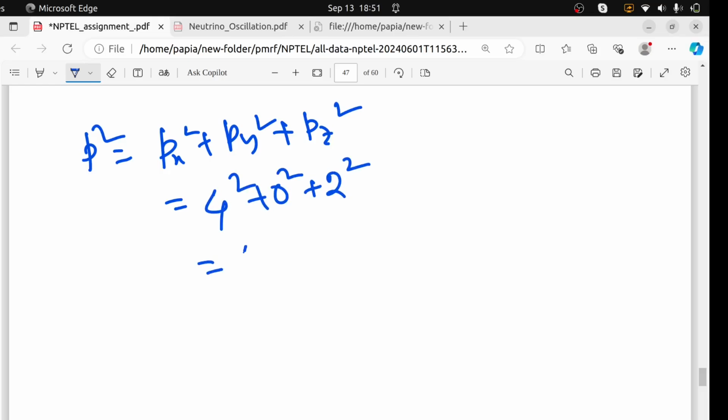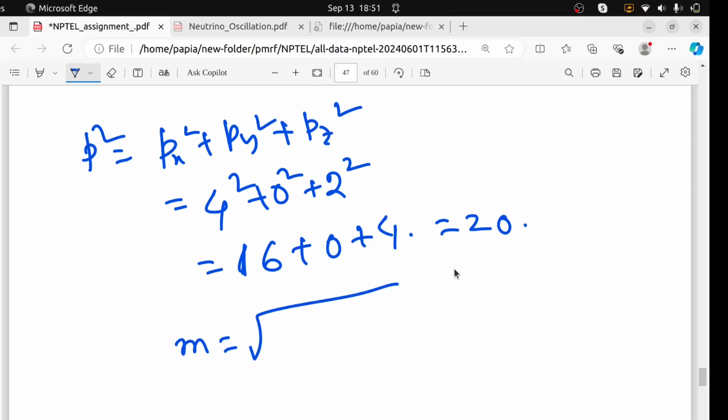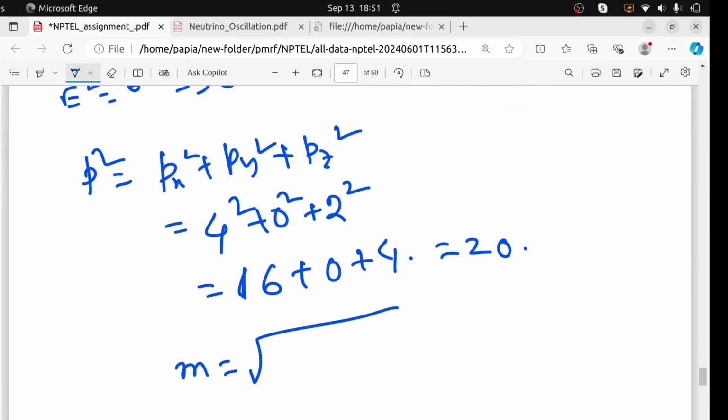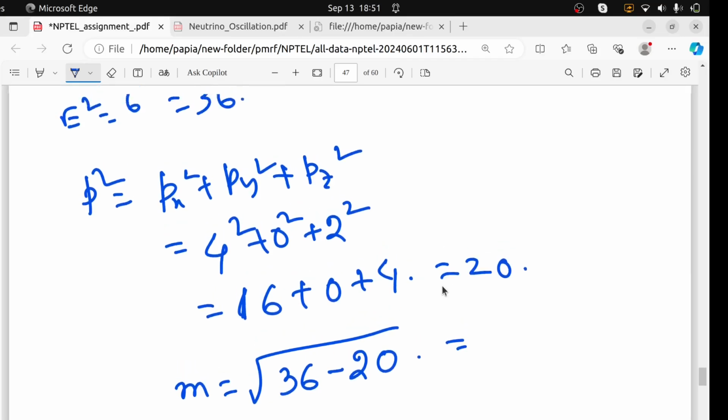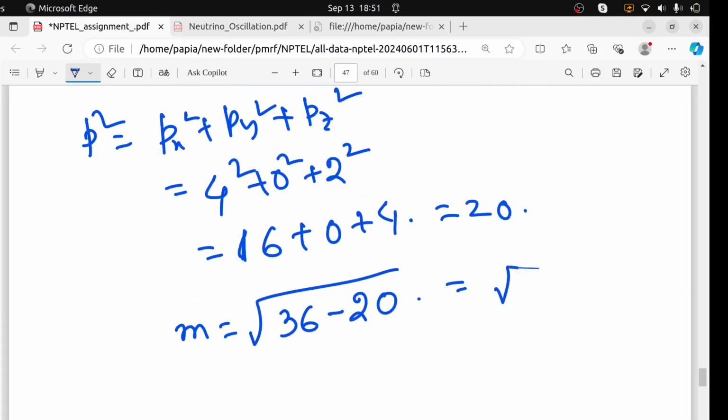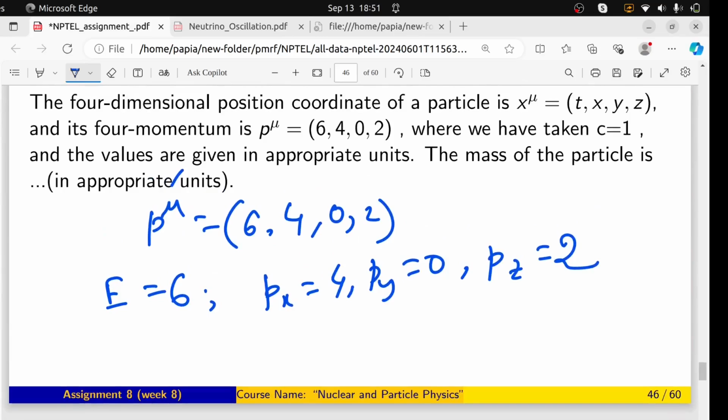So it is 16 plus 0 plus 4, which is 20. So m will be root over 36 minus 20. So it is simply root over 16, and root over 16 is 4. So the mass of the particle is 4 in appropriate units.